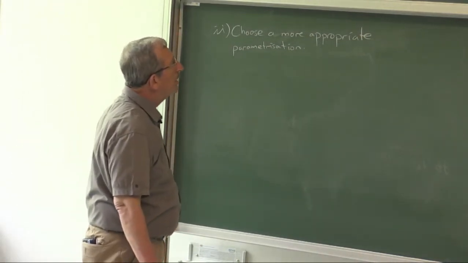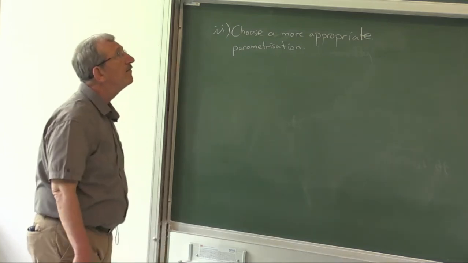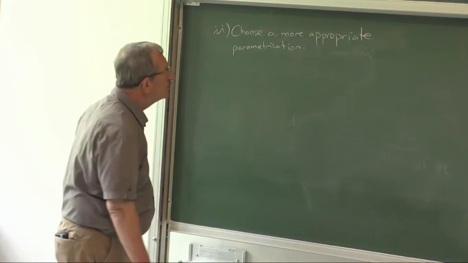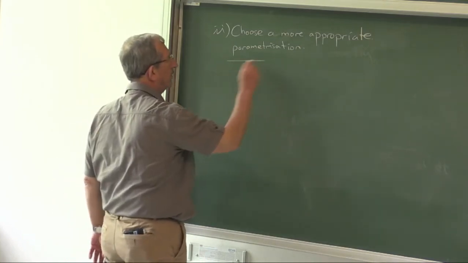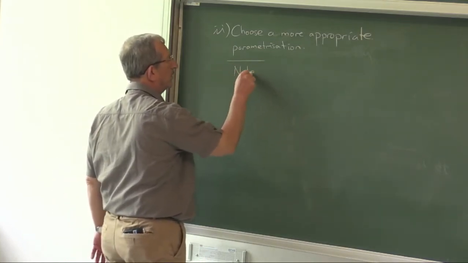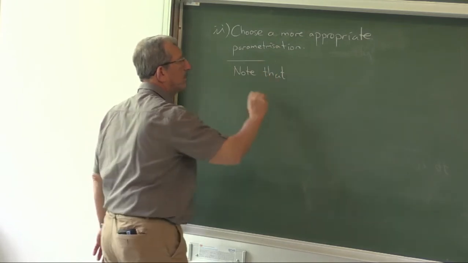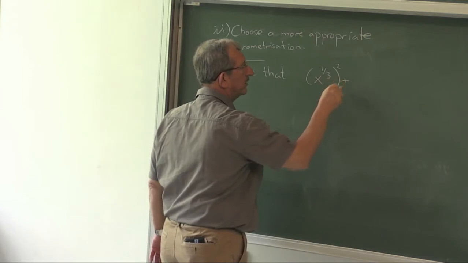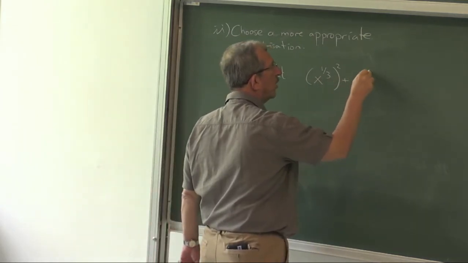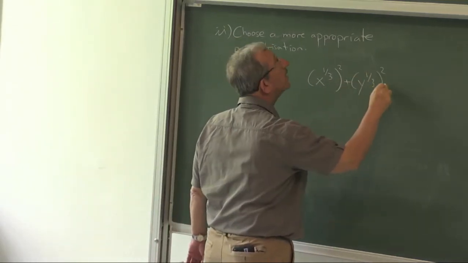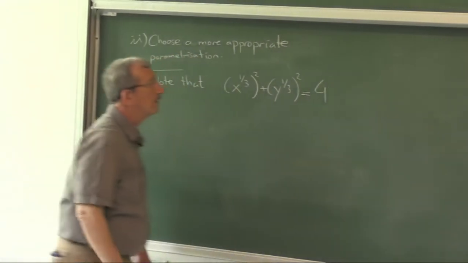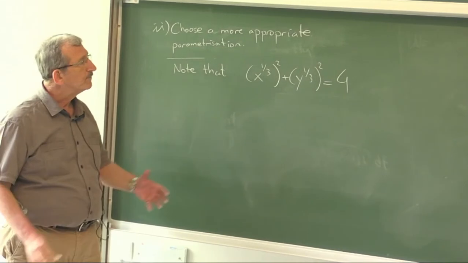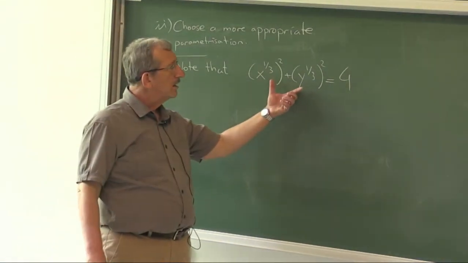If you look at the equation of the curve, you see the following. We have cube root of x squared plus cube root of y squared is equal to 4. This, in some sense, resembles a circle.